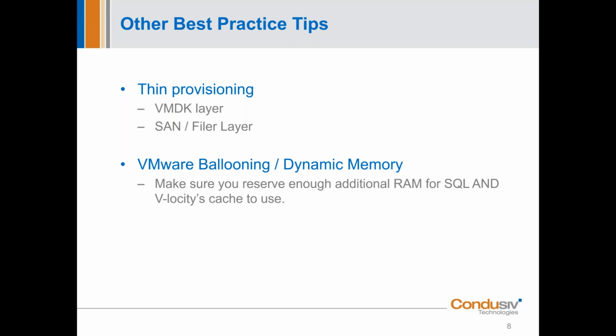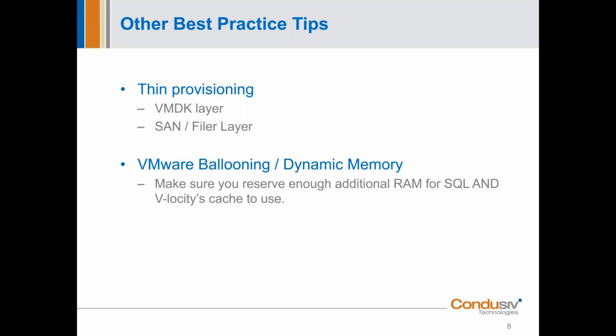If your VMs are provisioned with dynamically allocated RAM instead of a fixed amount of RAM, such that the hypervisor can borrow some back to reallocate to some other VM, for best results, it's important to make sure that you reserve enough RAM in your SQL virtual machine's configuration for both SQL and Velocity.